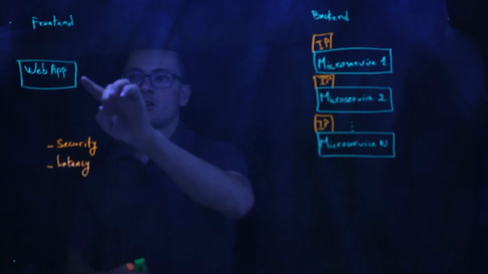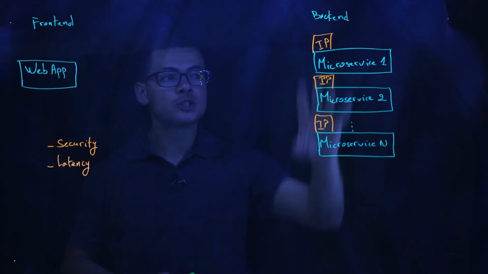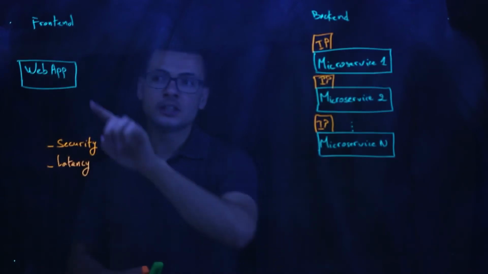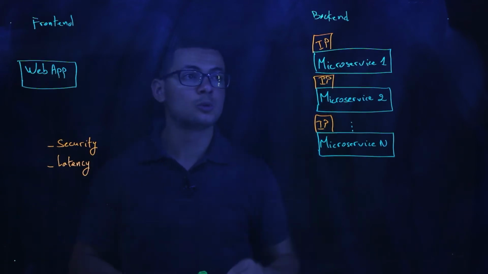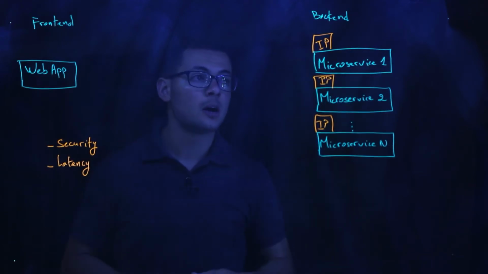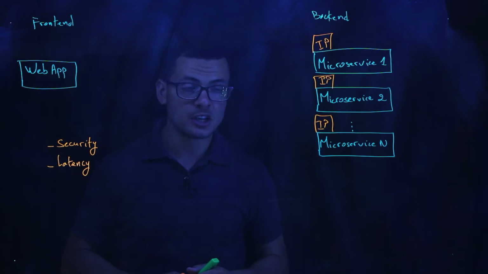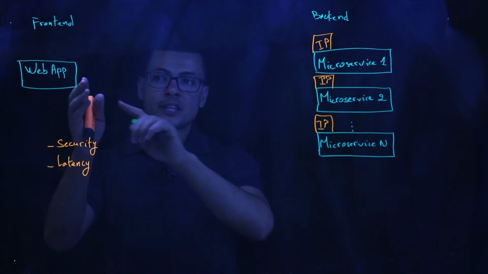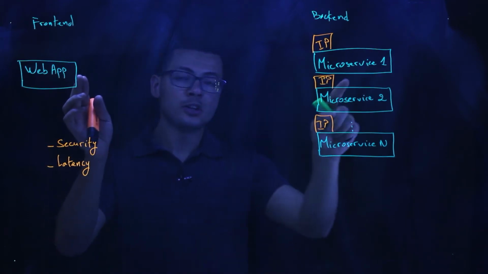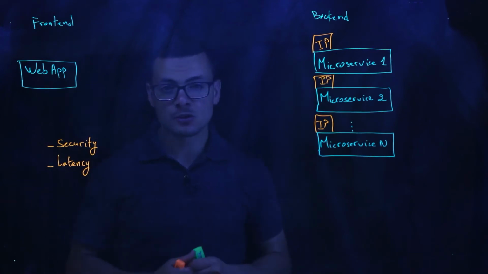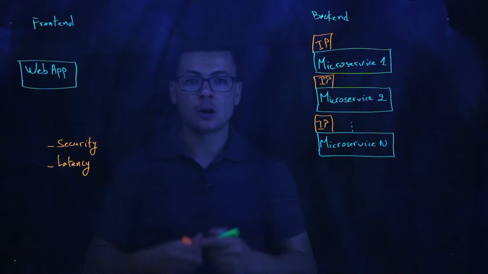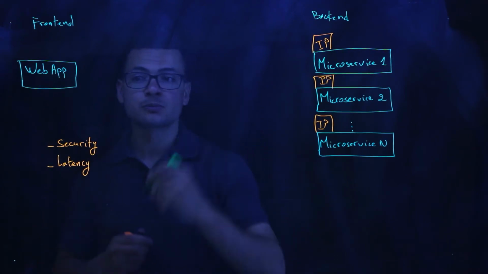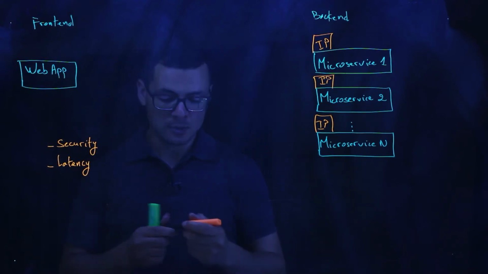So as we said here, for the web app to connect to those different microservices, it needs to know their IP addresses. So it's coupled to those microservices with their IP address. So instead of having the direct connection between the web app and the microservice, what we'll do here is that we'll introduce, in the middle here, the API gateway.